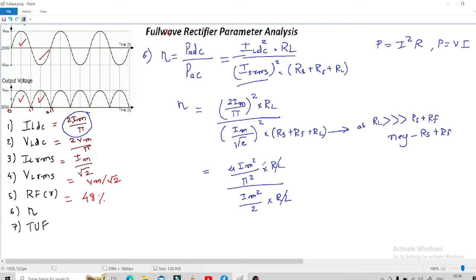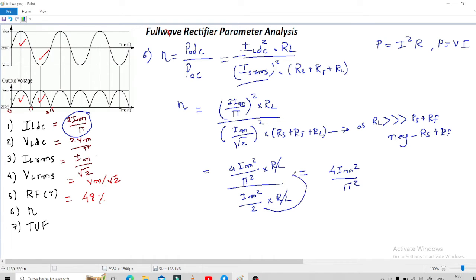This 2 will go above, it will get multiplied by 4, it will become 8. So this can be equal to 4 Im square upon pi square.